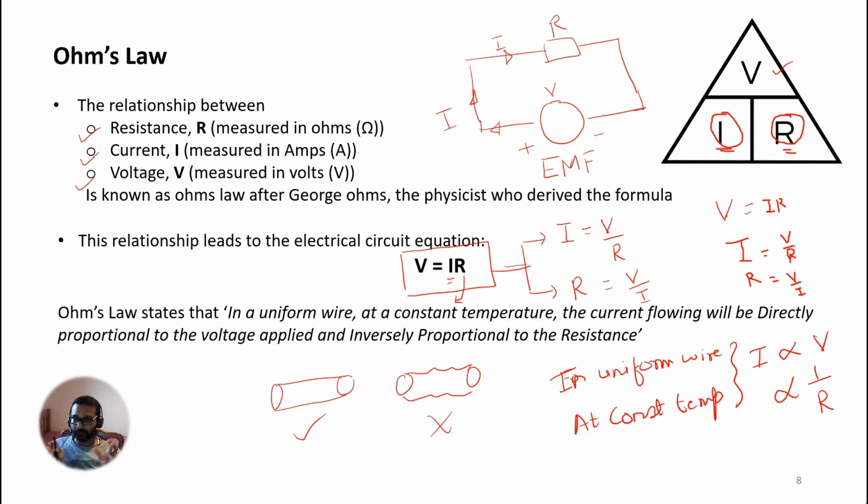So that's why, to be quite specific, we mention that in a uniform wire and at a constant temperature, the current is directly proportional to voltage and inversely proportional to resistance, right?